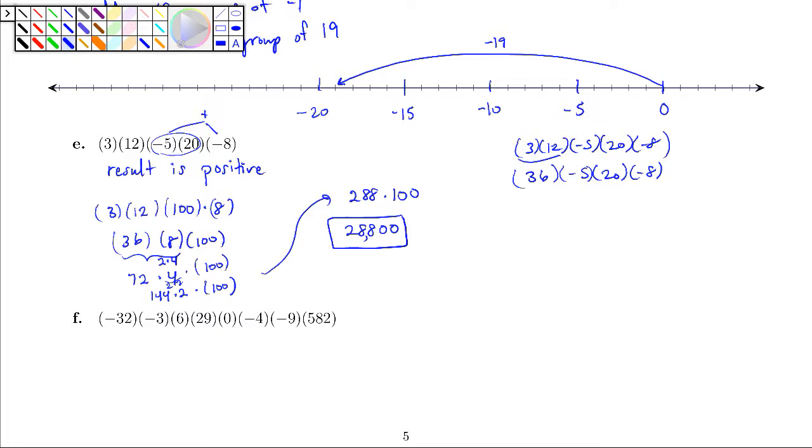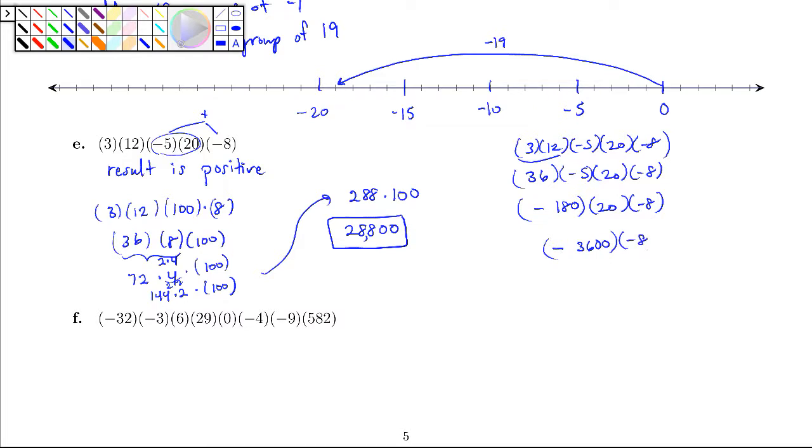36 times negative 5 is going to be a negative number. 30 times 5 is 150, and 6 times 5 is 30, so this is going to be 180. 150 plus 30. Times 20 times negative 8. So 18 times 2 is 36. This is negative times positive is negative. 18 times 2 is 36, and I have a times 10 here and a times 10 here.